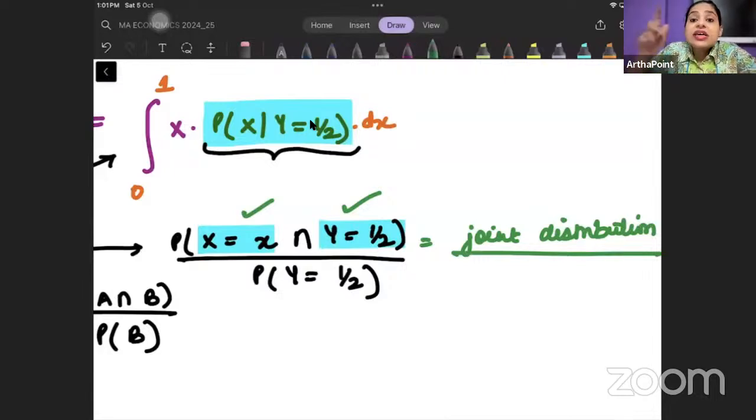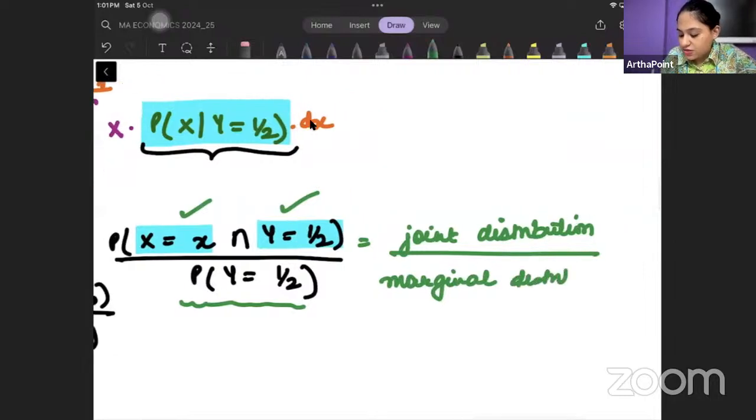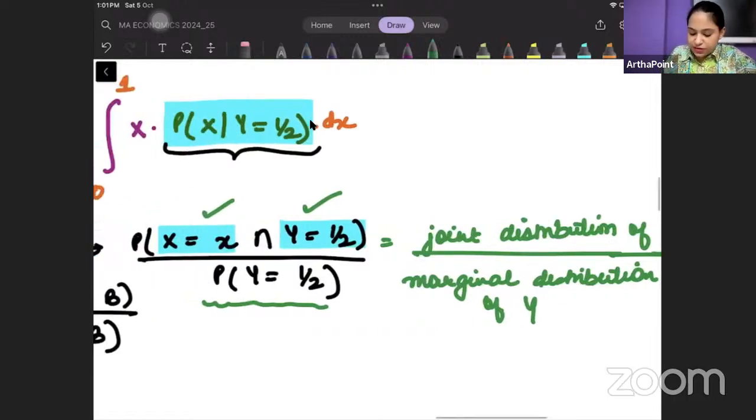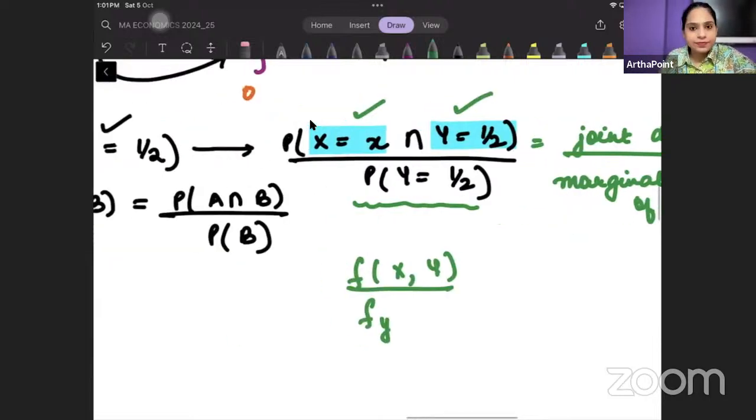The denominator is only for y, there is no x, so this is the marginal distribution of y, independent of x. In other words, the numerator is f of xy and the denominator is f of y.